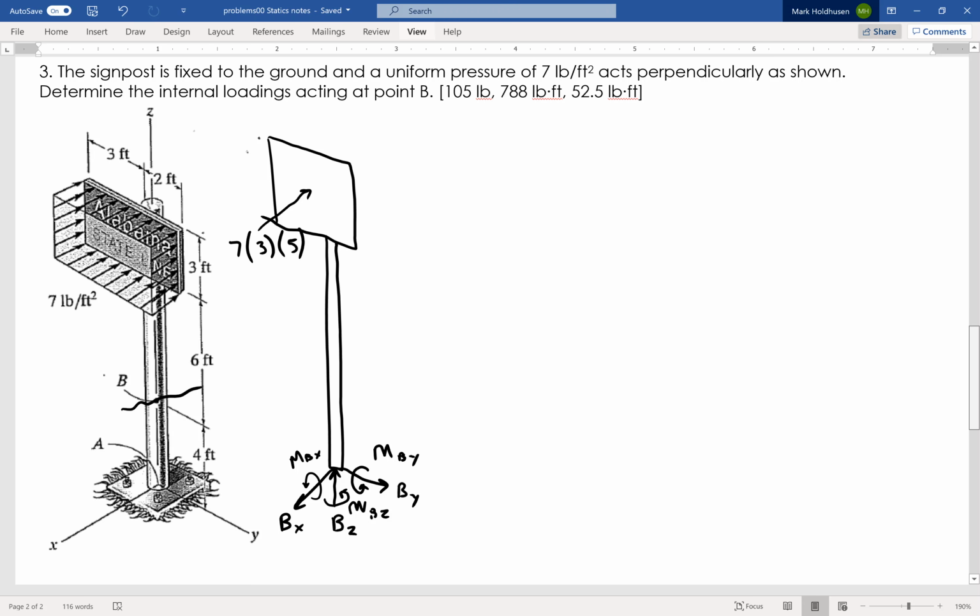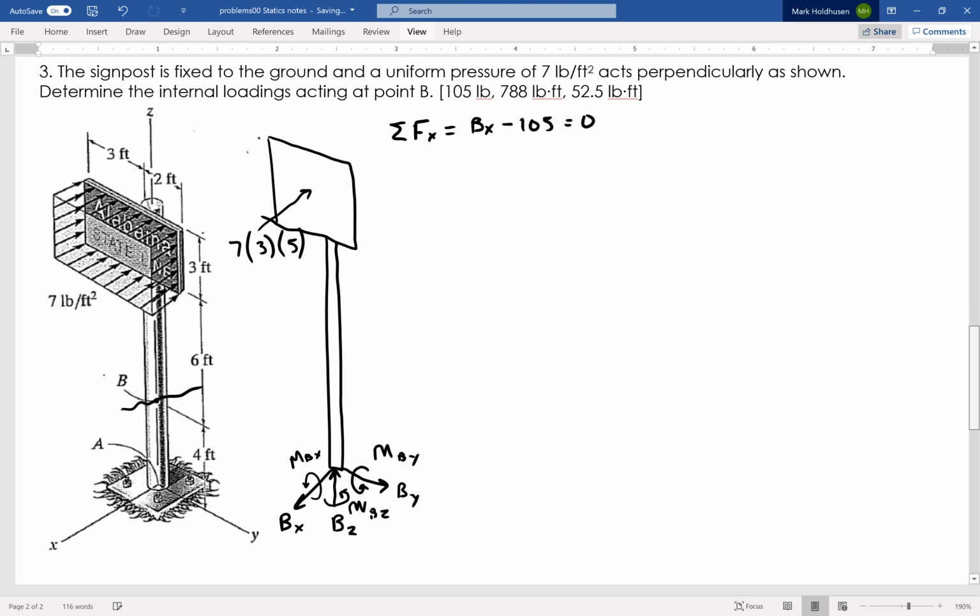Okay, so now that we've got that, we just start applying our static equilibrium equations. I'm going to sum the forces in the x direction, which is going to be negative 105, and then the positive Bx, right? That shear force in the x direction, minus 105 equals 0.